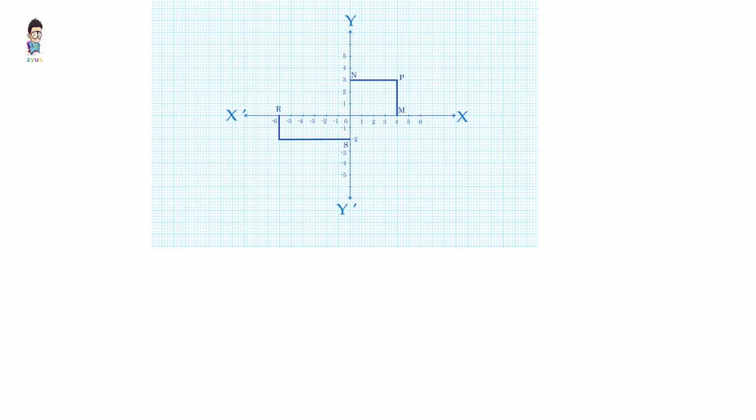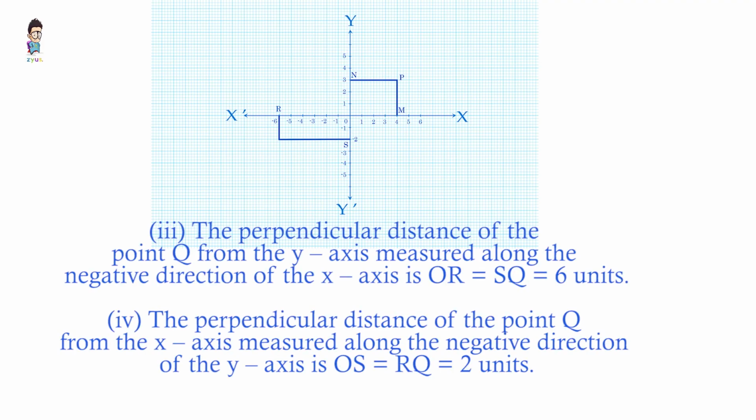Now, consider the point Q. The perpendicular distance of the point Q from the y-axis, measured along the negative direction of the x-axis, is OR equal to SQ equal to 6 units. The perpendicular distance of the point Q from the x-axis, measured along the negative direction of the y-axis, is OS equal to RQ equal to 2 units.